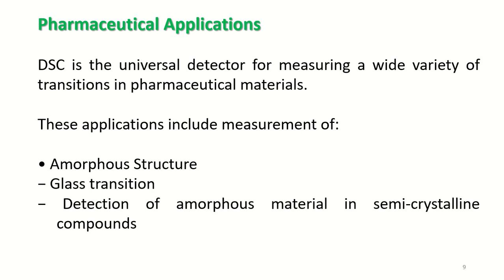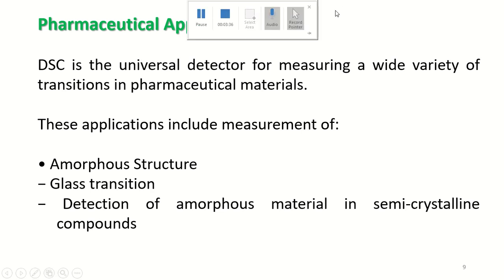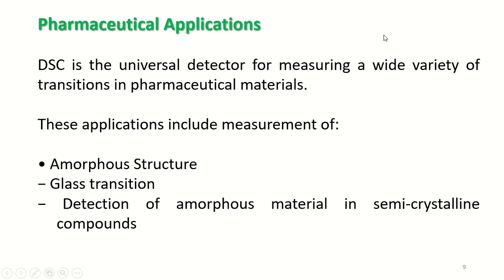So, how can we measure all these kinds of transitions? We know that all kinds of transitions in materials are actually the flow of heat into the sample during endothermic events and from the sample for exothermic events.